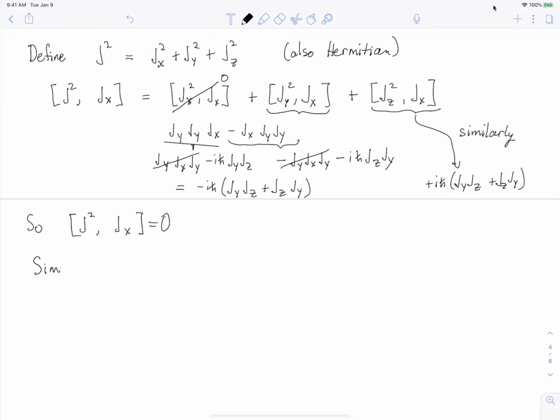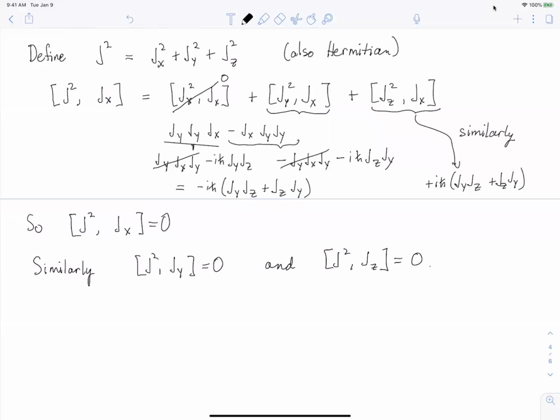Similarly, by the exact same strategy, I can do J squared with Jy, that's 0. And same thing for z. There's nothing special about x versus y versus z.